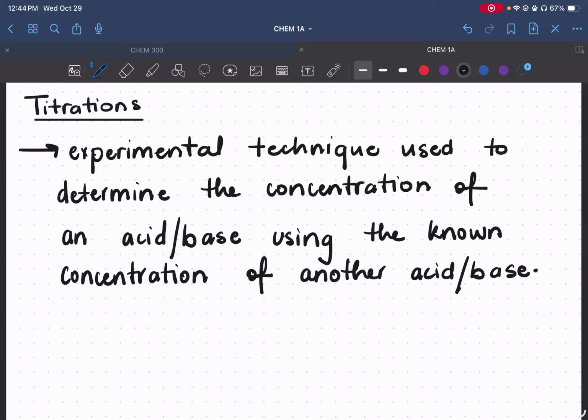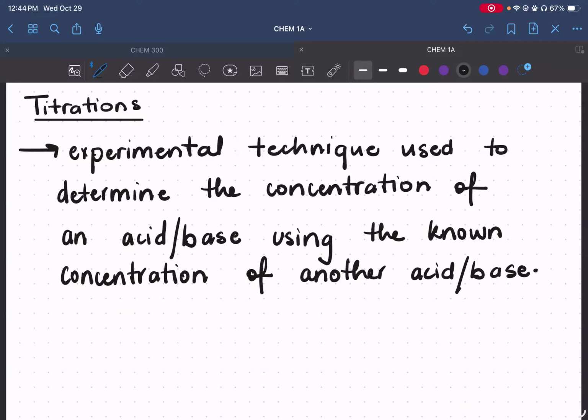A lot of this wording should trigger a memory of a topic for you, using information about one chemical to calculate or determine information about another chemical. Starts with S, ends with stoichiometry.